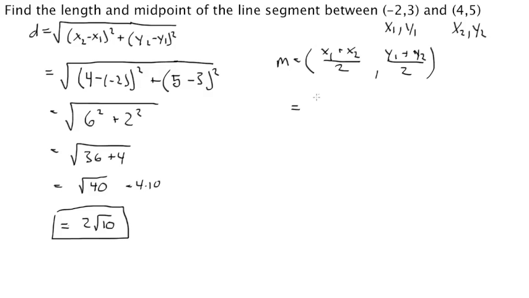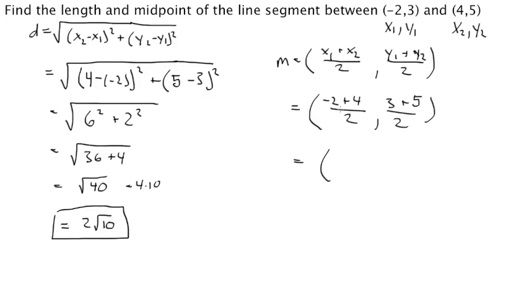So here we have x1, that's going to be -2, plus x2, that will be 4, divided by 2. And then for my y values, y1 is 3, y2 is 5. Let's divide that by 2.